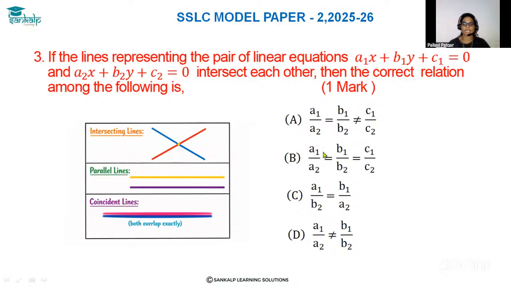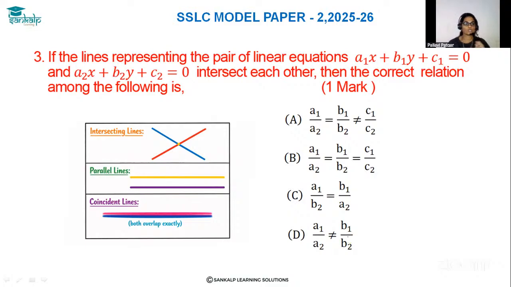B, a1 by a2 equal to b1 by b2 is equal to c1 by c2. C, a1 by b2 equal to b1 by a2. And D, a1 by a2 not equal to b1 by b2.